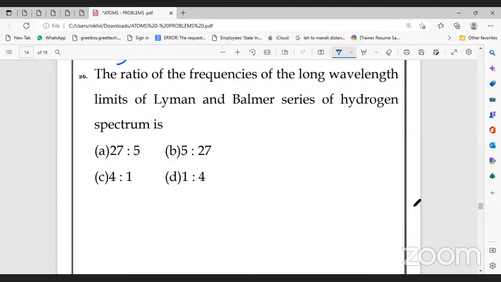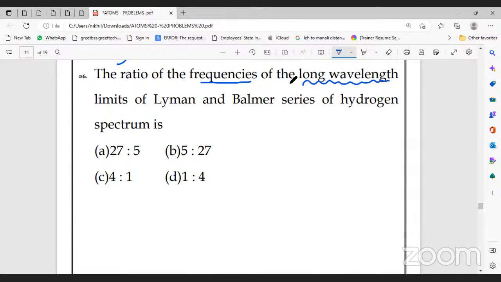Look at this problem. The ratio of the frequencies they are expecting for the long wavelength.